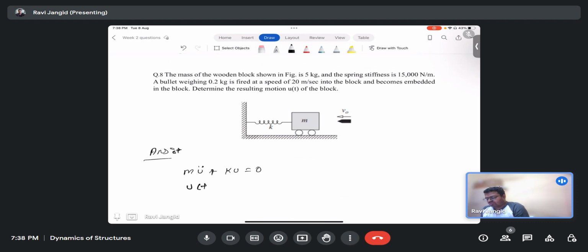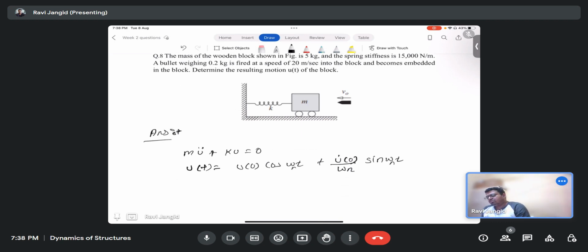The solution of u(t), as we all know, is u0 cos omega t plus u dot 0 by omega n sin omega n t. Omega n refers to the natural frequency. Okay, so can you tell me what the initial conditions are for this?